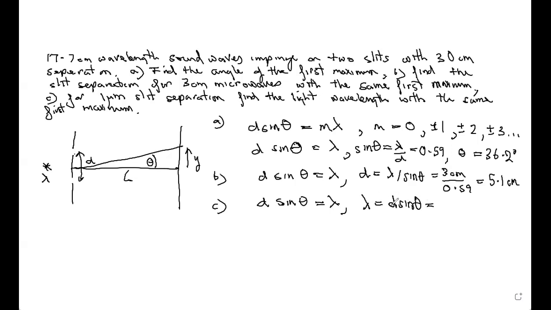If we just fill in the separation between the slits in this experiment, so that's 1 times 10 to the minus 6 meters, the sine of the angle towards the first maximum, that's 0.59.